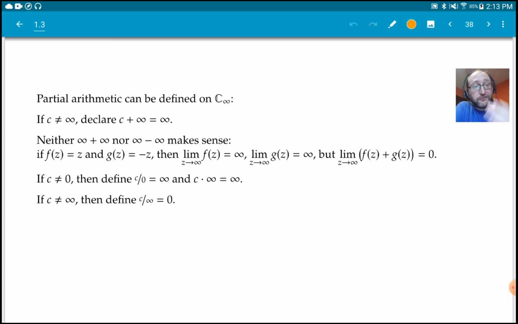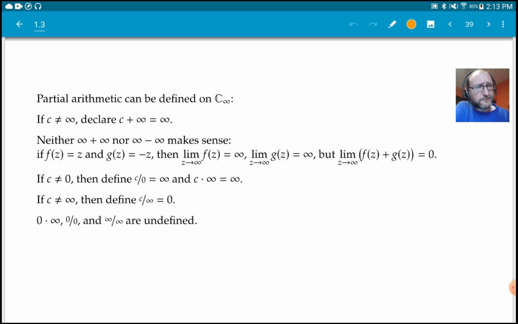Now, if c is not infinity, so if it's a complex number, then I can divide by infinity and get 0. So infinity over infinity doesn't make sense, but 1 over infinity is 0, and 0 over infinity is still 0. Again, it's just talking about these limits.